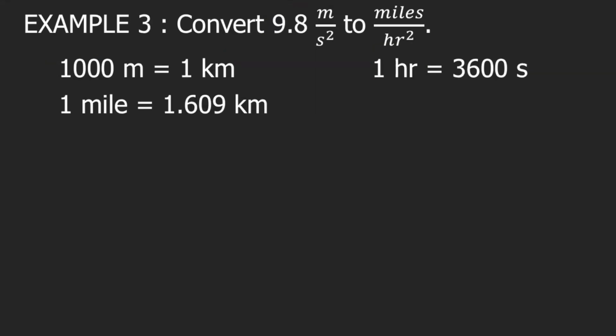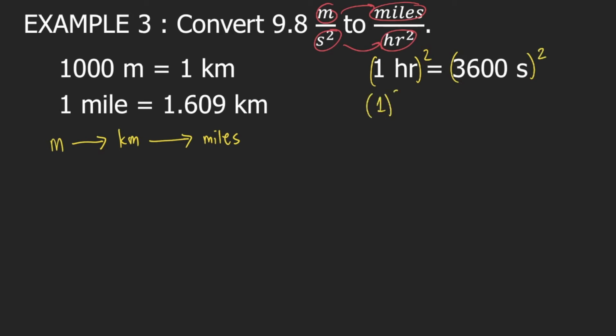For our third example, convert 9.8 meters per second squared to miles per hour squared. So we will convert meters to miles and second squared to hour squared. To convert meters to miles, we will convert meters to kilometers and kilometers to miles. To convert second squared to hour squared, the exponent is 2, so we will square both sides of this equality.